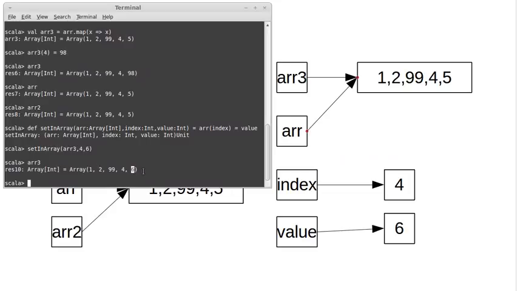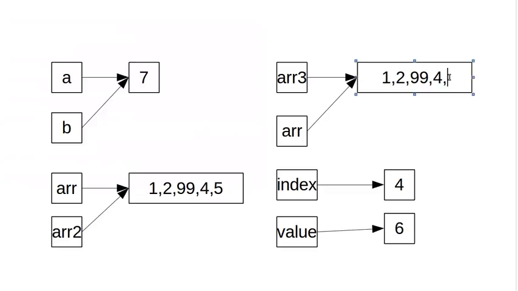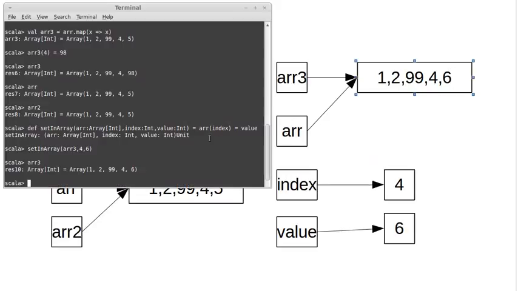We want the fact that this value was set to 6. That is the whole purpose of this function, and that only works because they are aliases to the same object. So when we change arr inside of the function, we're actually changing the value that's stored in the array, even though that array exists outside of the function.